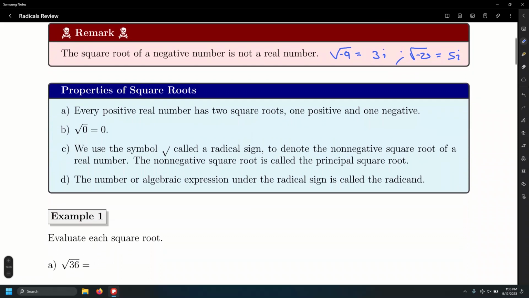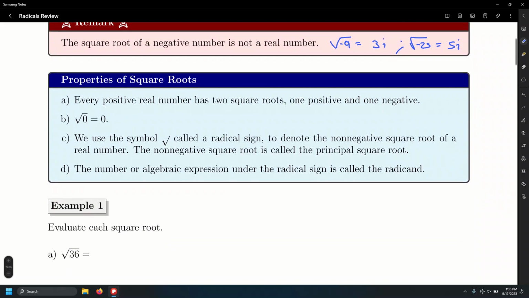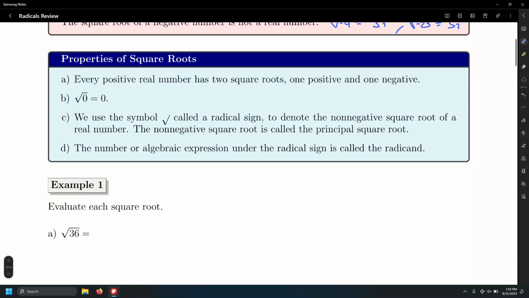All right, the properties of square roots. Every positive real number has two square roots, one positive and one negative, as we discussed earlier. The square root of 0 equals 0, because 0 squared also equals 0. We use the symbol called the radical sign, or the radical symbol, to denote the non-negative square root of a real number.